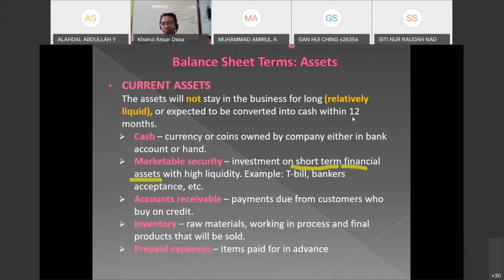So, when you see the characteristic of the money market, now you can relate with the marketable security here. What is the characteristic of marketable security here? Number 1, short term. You can see the short term here. Short term. And you can see the liquidity here. Nampak? Nampak kan?